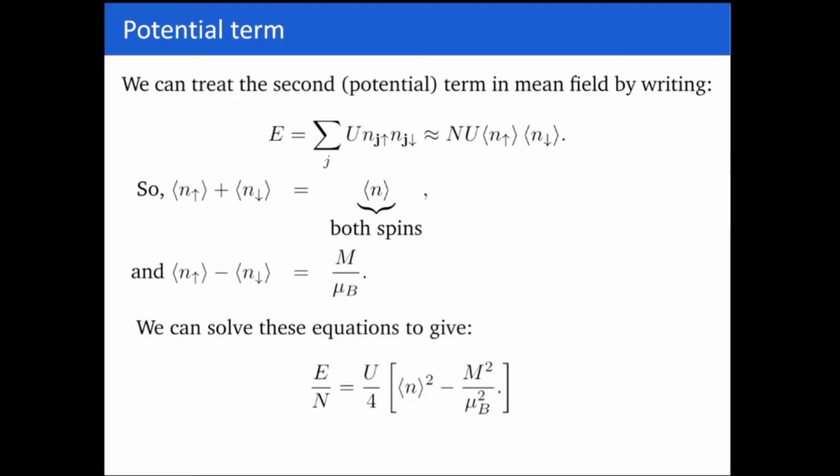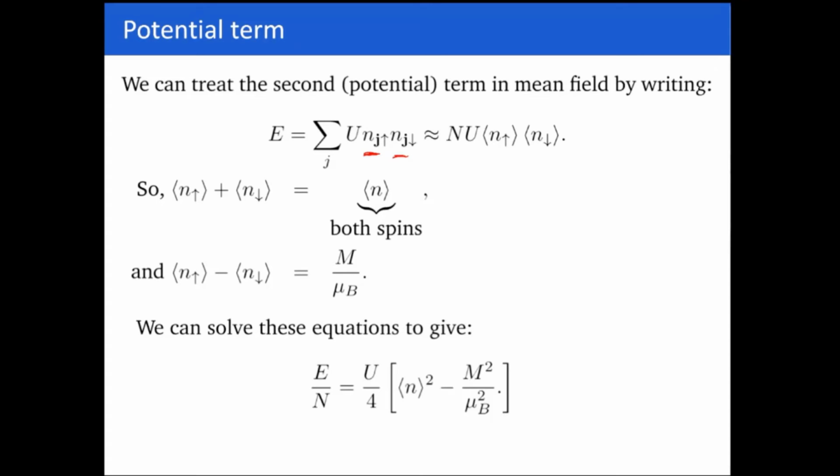So one can treat the Hubbard model in a mean field limit. One can also do more sophisticated modeling on the Hubbard model, which we're not going to look at today. But if one does it in a mean field limit, then one replaces these two operators, where we're summing the number of electrons on each site, with their average values.